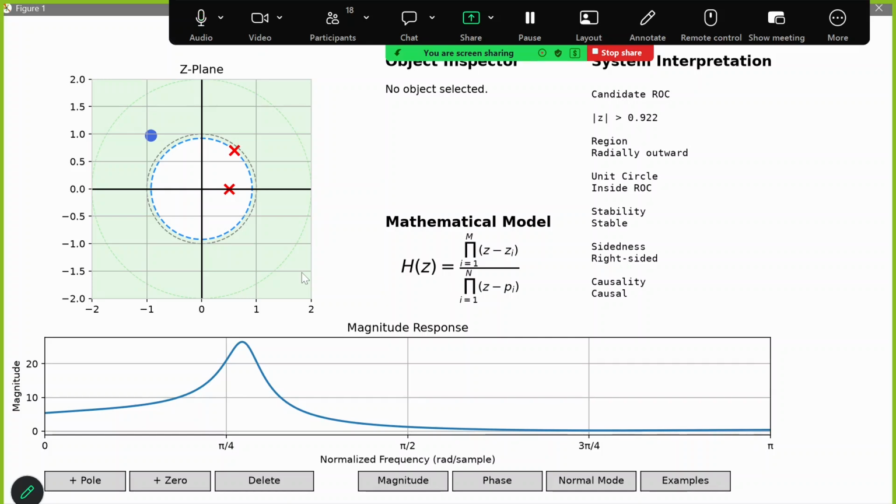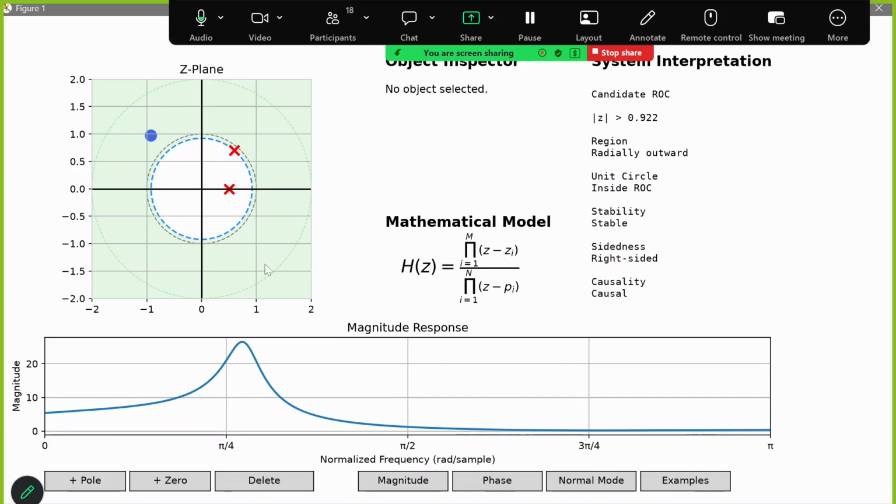And the cool thing about this kind of Z transform analysis is that it tells you what kind of system you have if you are talking about the Z transform of an impulse response, H(z). So, for example, if the ROC is spreading outward, including infinity, that means your system is causal and right-sided.